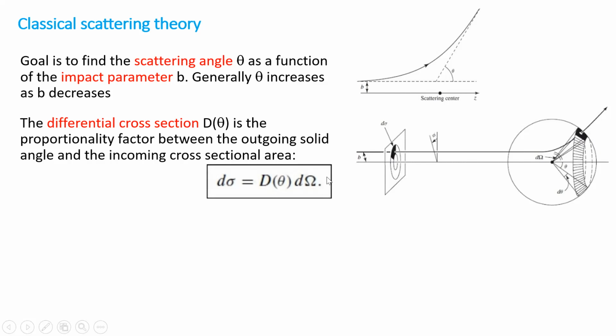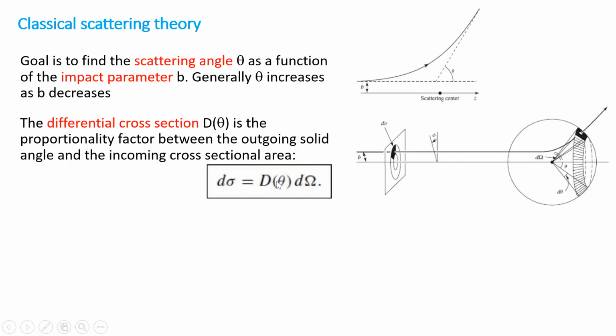So there's a proportionality: the bigger the solid angle, the bigger a portion of the incoming cross-sectional area of the beam must be feeding into that solid angle in order to produce that increasing amount of outgoing stuff.